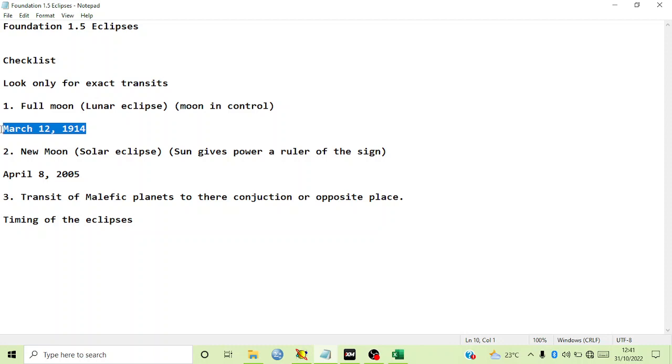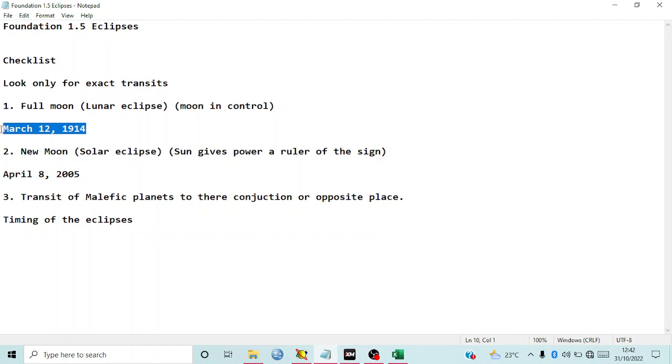This is the example that Sefariel gives in his book on the stock market. For the reason that I haven't found any lunar eclipse transit on any of the generating factors of the gold chart, I'm going to give that for the New York Stock Exchange as an example.